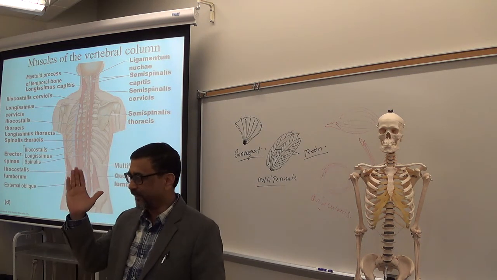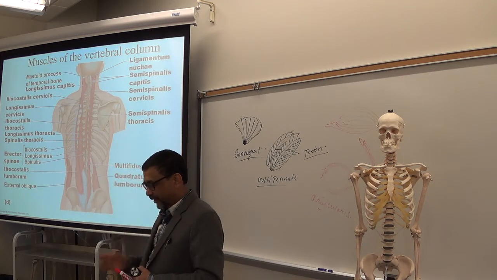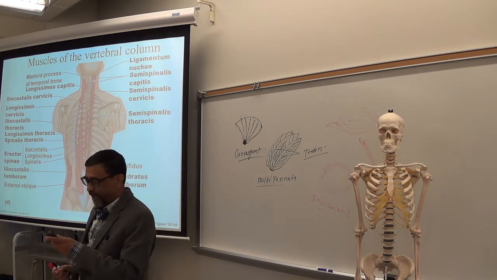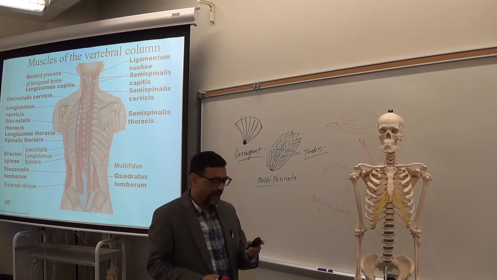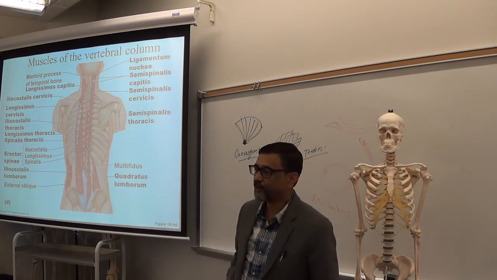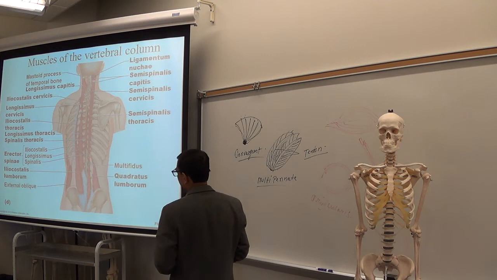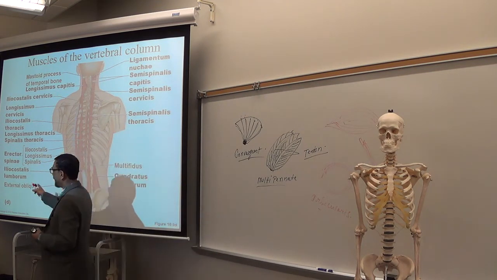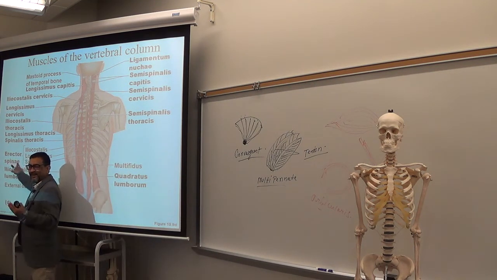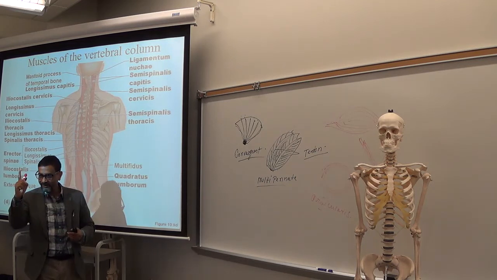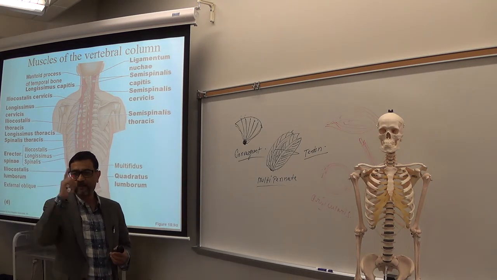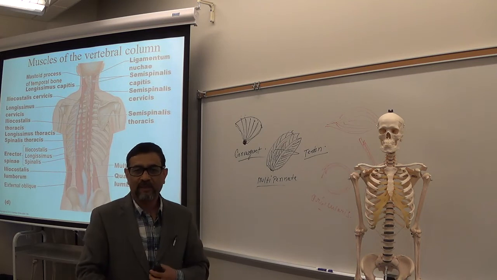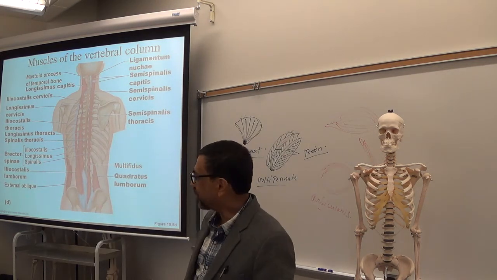To keep the body erect and straight. So, which muscles help to keep the spine erect? That is called erector spinae. Makes sense, right? To keep the spine or vertebral column erect. So, erector spinae.